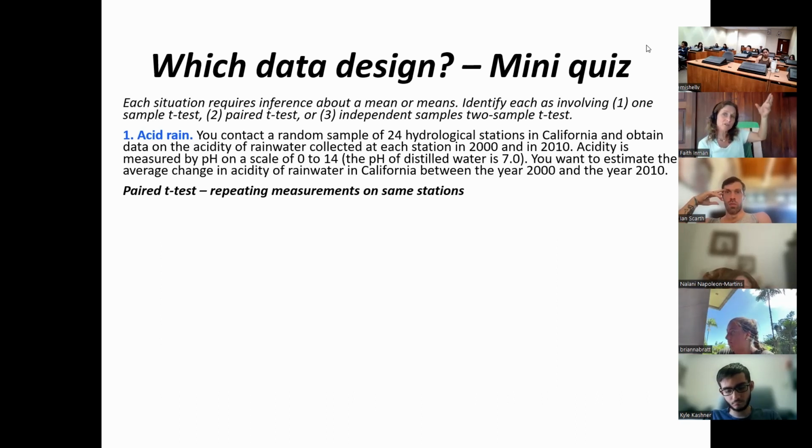Each station is measuring the pH of the rainwater at a particular place, and the rainwater at that particular place probably has a particular value that might change over time, but maybe is unique to that location as well, right? So the samples that you took in 2000 and 2010 are essentially paired samples.